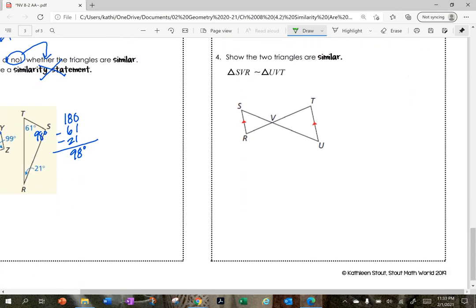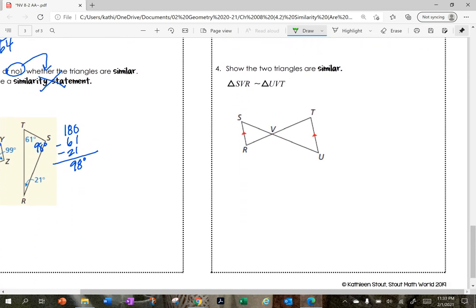Okay, let's try number 4. Show the two triangles are similar. So triangle SVR is similar to triangle UVT. I want to show S and U are corresponding, V and V are corresponding, and R and T are corresponding. Two of the three.